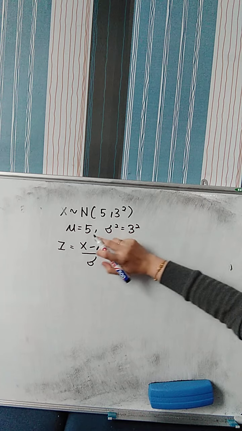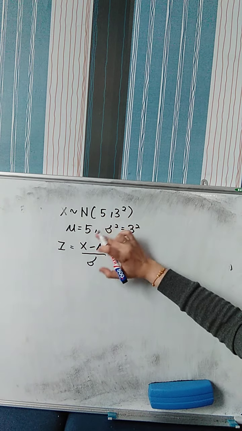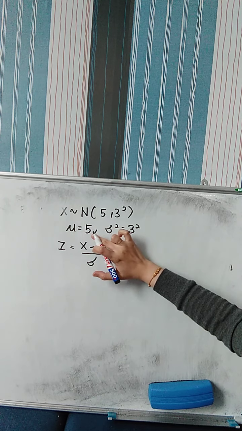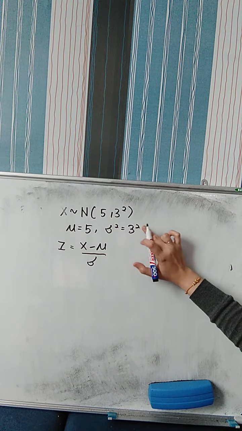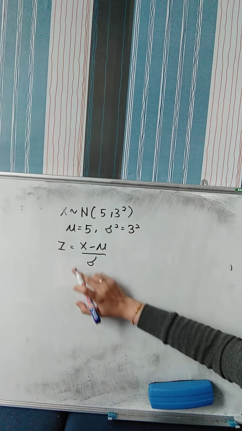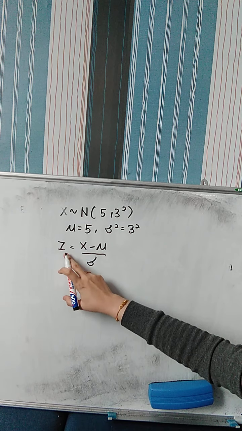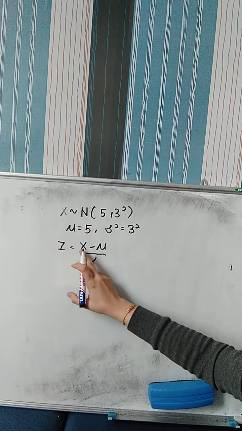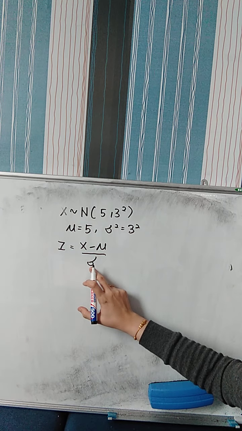Okay. So from example 3, your mean mu is 5 and your variance is 3 square. To change the normal distribution to standard normal distribution, you must use this formula: Z equal to X minus mu divide by sigma.